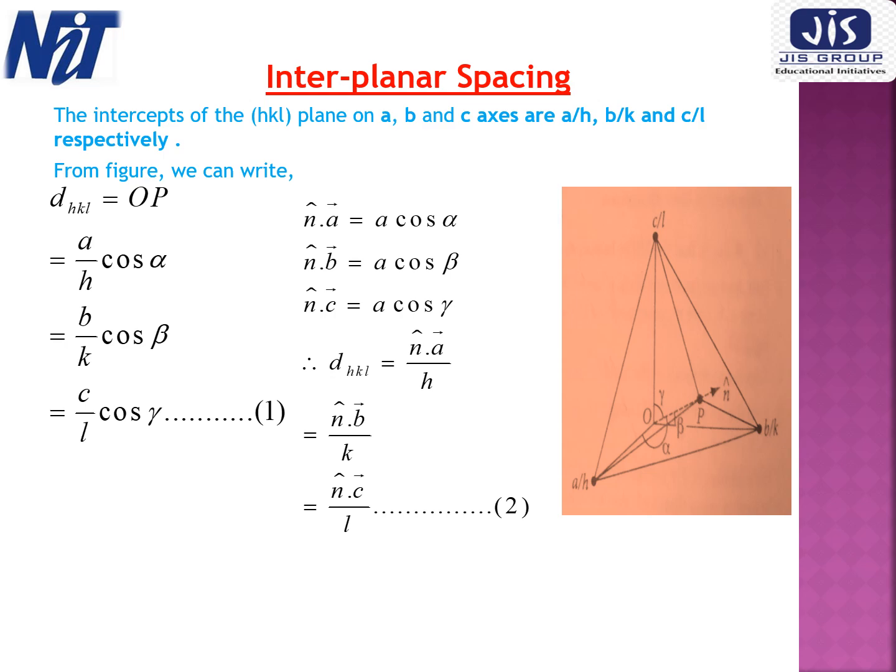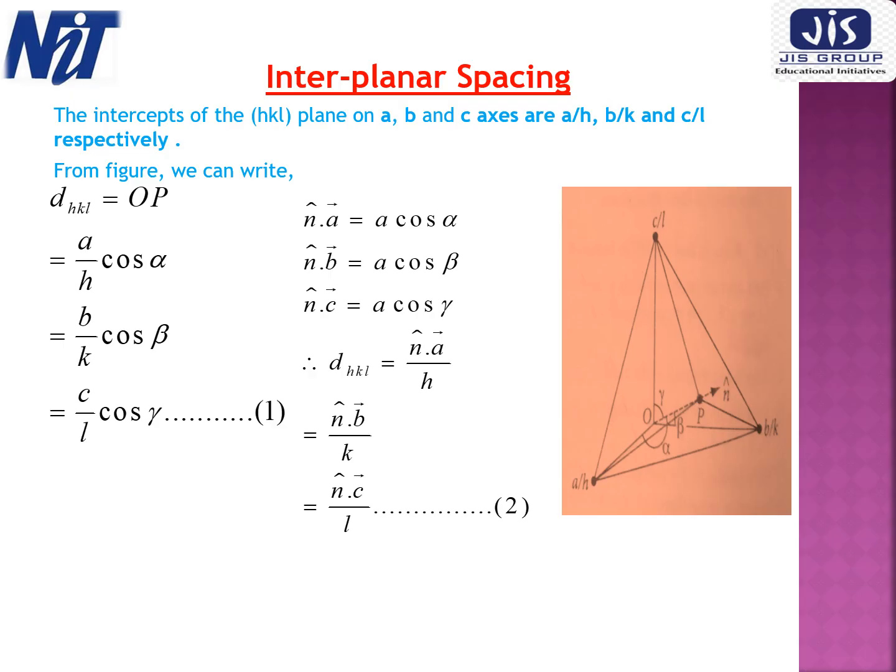Now d_hkl will be equal to n dot a by h, which will be equal to n dot b by k, which will be equal to n dot c by l. So let us call this equation number 2.